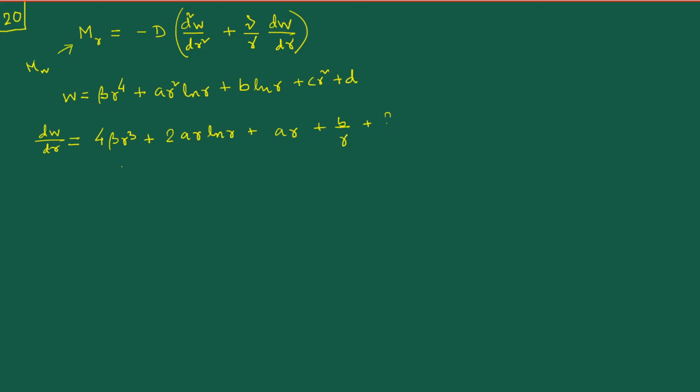And then we have this twice c r. Next, for d square W dr square, we have 12 beta r square plus twice a ln r plus twice a plus a minus b by r square, and of course this plus twice c. So I might as well cancel these terms. So b is 0.